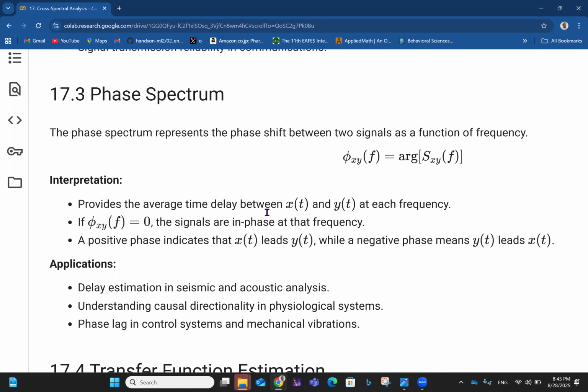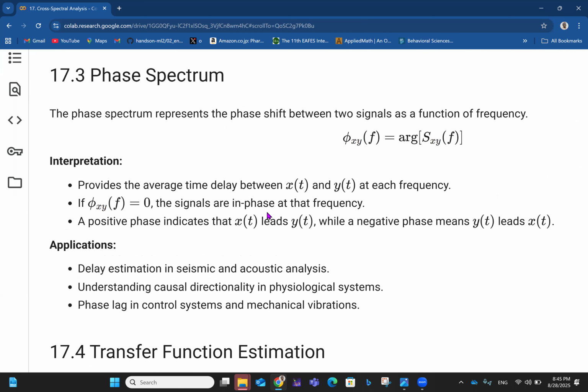Another concept you need to understand about cross-spectral analysis is the phase spectrum. Since cross-spectral analysis is about two different time series, the phase spectrum represents the phase shift between these two signals as a function of frequency.